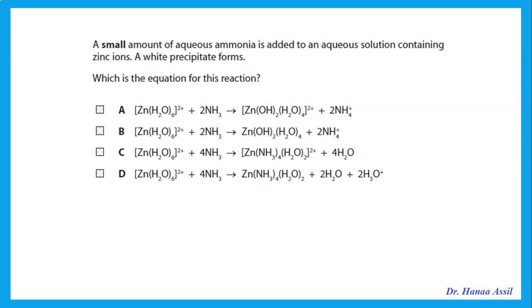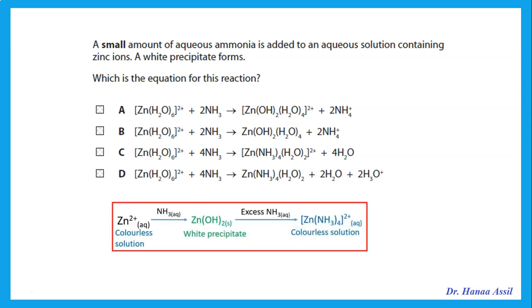So we're looking for B and D. And of course, I am adding a small amount, so it is the lesser amount of ammonia that gives the white precipitate, which is zinc hydroxide, or in water we write it as zinc hydroxide with 4 water.